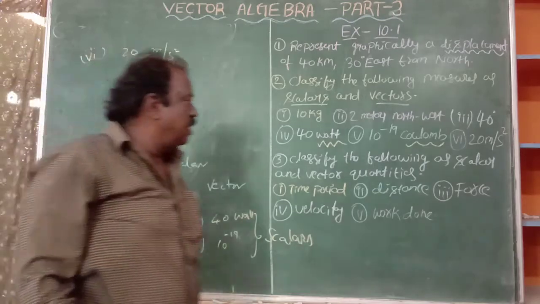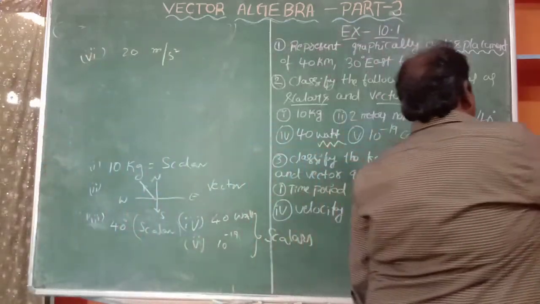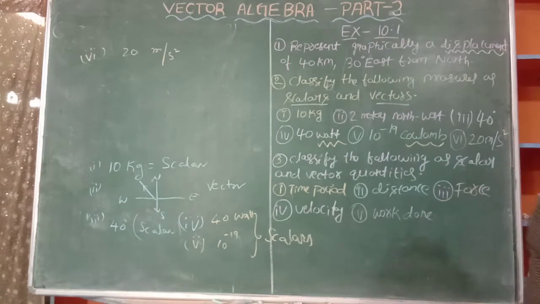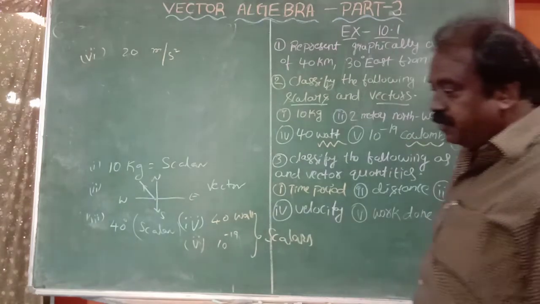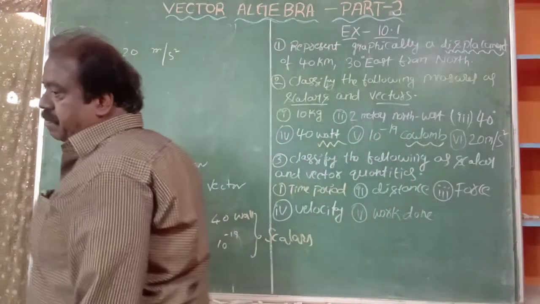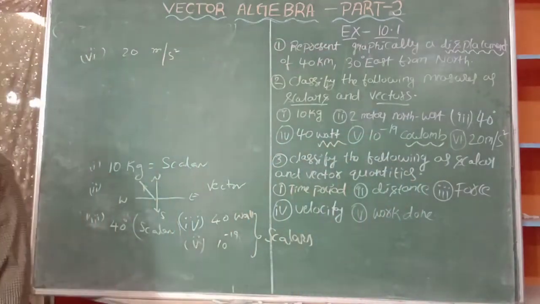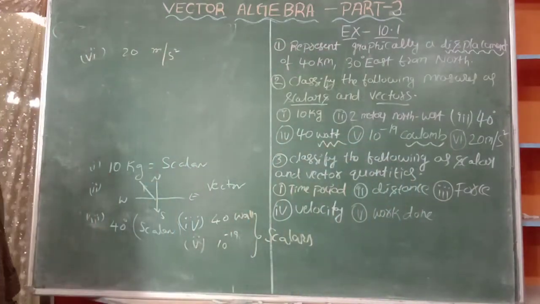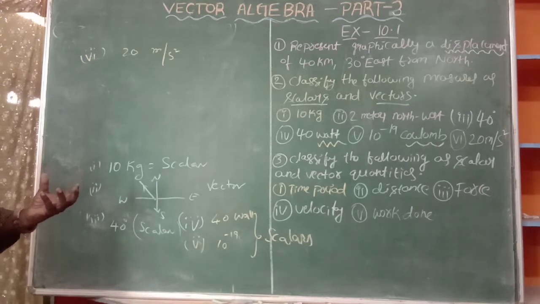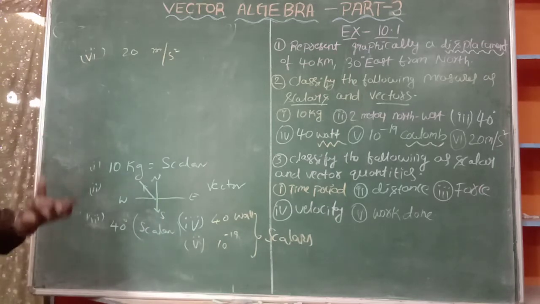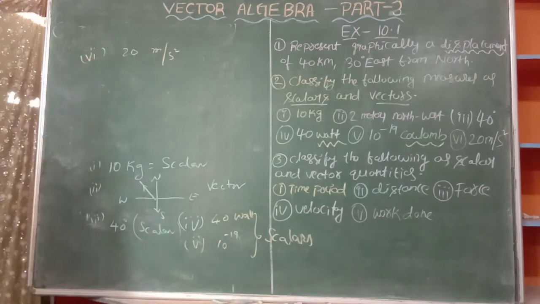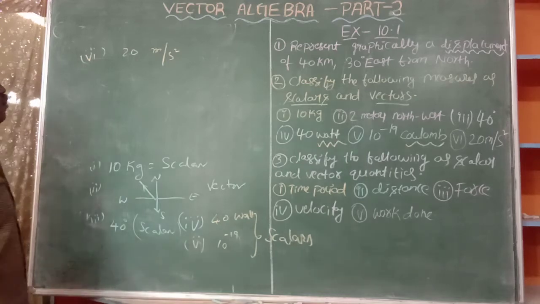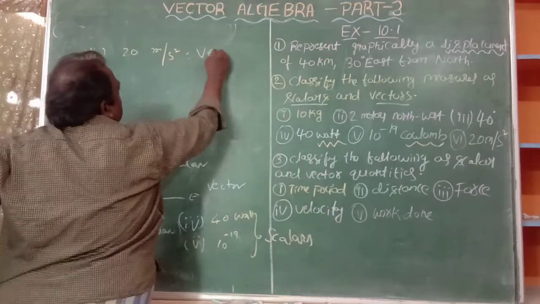Here 20 meters per second means it's a velocity. 20 meters per second square is acceleration. Acceleration is a vector.